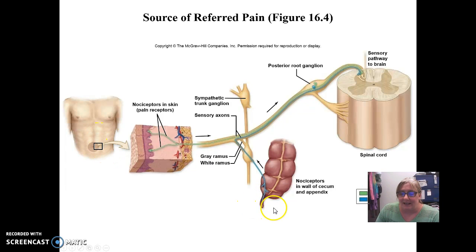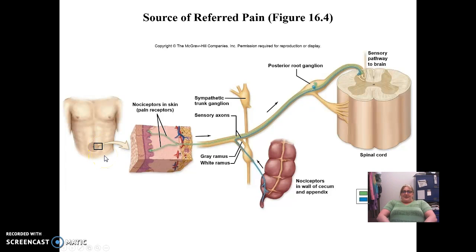Appendicitis occurs when the appendix, which is found attached to the cecum of the large intestines, this is the first region of the large intestines, is damaged or is inflamed. But when the information moves to the CNS, the response comes back as pain associated with the umbilical region.